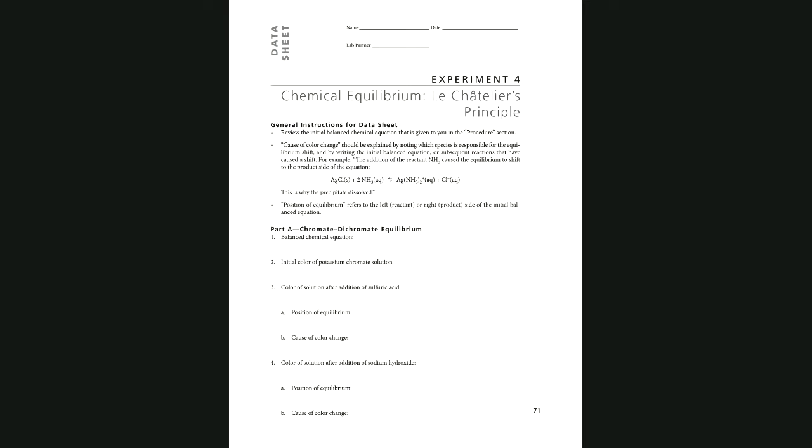I'm going to stop sharing the document. I will use my lab manual as usual in order to perform the experiment. I did not prepare everything prior, so I'm going to read the experiment. Part A is the chromate dichromate equilibrium.